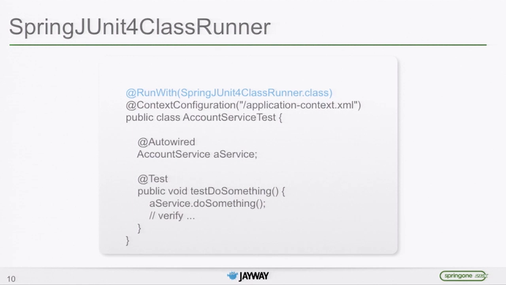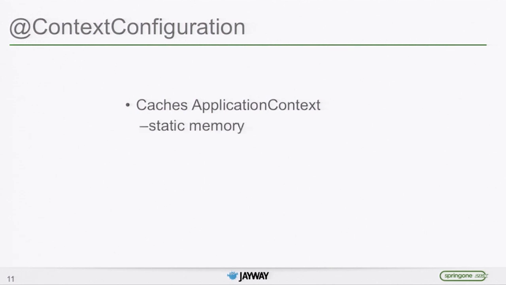But what you may not know about @ContextConfiguration is that it actually caches the application context for you. The way it caches is that once it has been created, it's put in static memory. It's put in a map, and the key of the map is based on the unique context configuration.